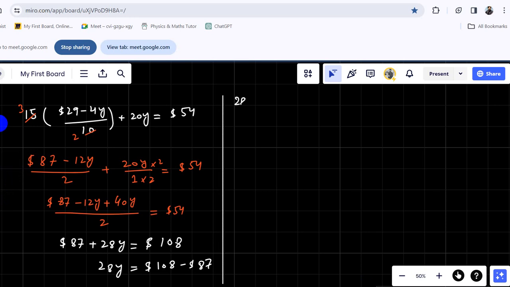So 28y equals 21, and y is 21 upon 28. Can we simplify 21 and 28 with 7? So the answer will be 3 upon 4.